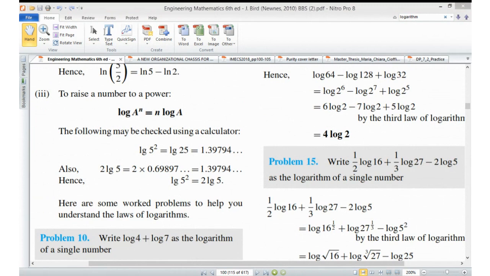So see how the power shifts and becomes a coefficient. As well, you can also verify that using a calculator.